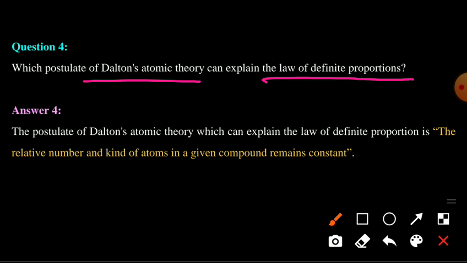So here the postulate of Dalton's atomic theory which can explain the law of definite proportion is the relative number and kind of atoms in a given compound remains constant. It means always they are in a definite proportion. So this postulate resembles the law of definite proportion.